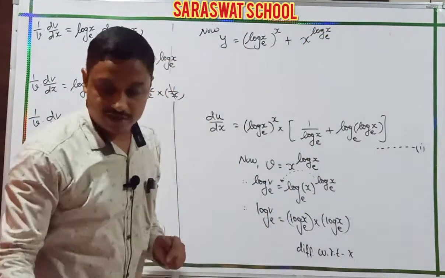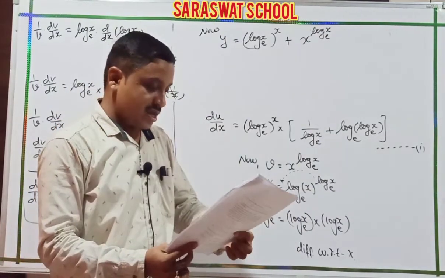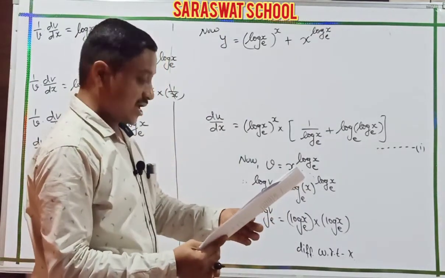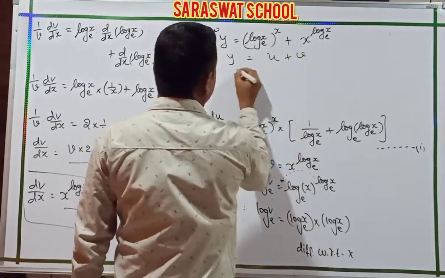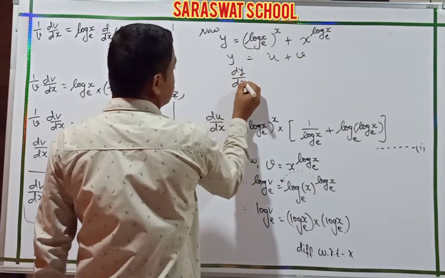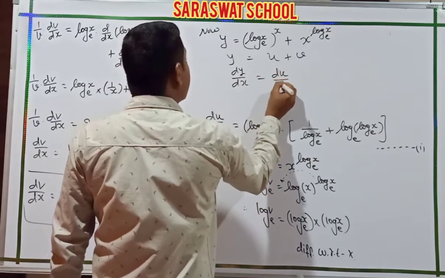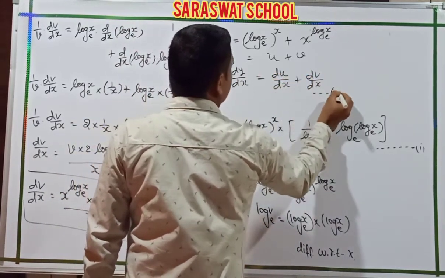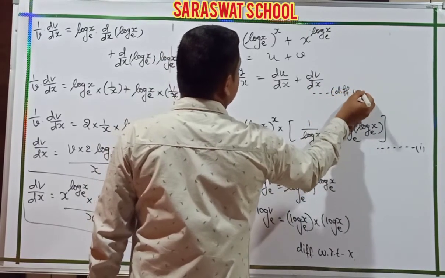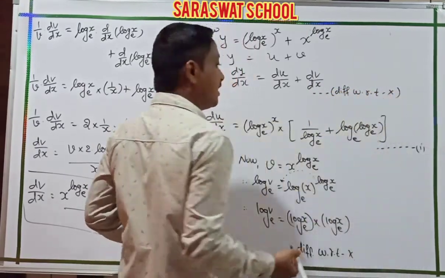One more time I check whether it is true or not: yes, (log x) raised to x and x raised to log x. So y is equal to u plus v, and here students, dy by dx you get as du by dx plus dv by dx, and here mention differentiation with respect to x.